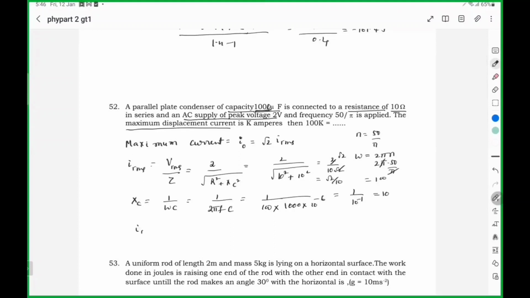So I naught will be root 2 times root 2 by 10, which is K. 100K will be 2 by 10 into 100. So 20 amperes.